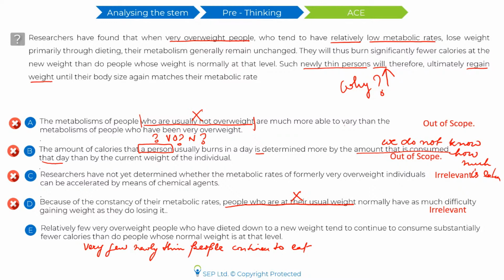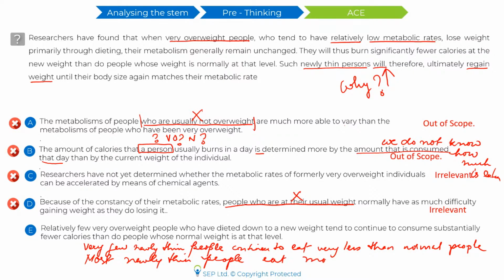So very few people continue to eat very less than normal people. It means, if I simplify this further, what it means is most newly thin people eat more than normal people. And if they eat more than the normal people, they will put back all that weight again. And therefore, E is the correct answer.